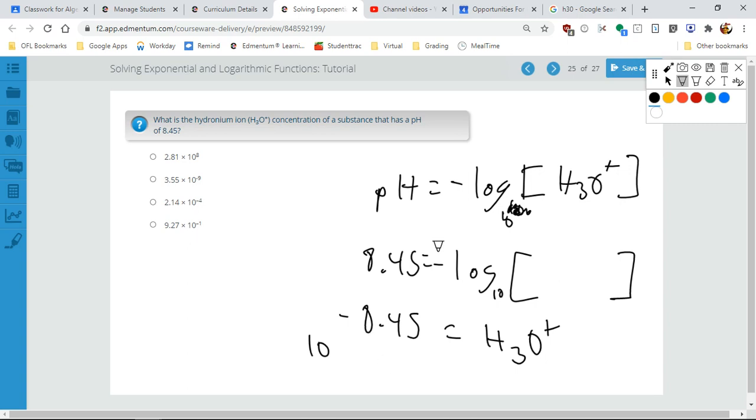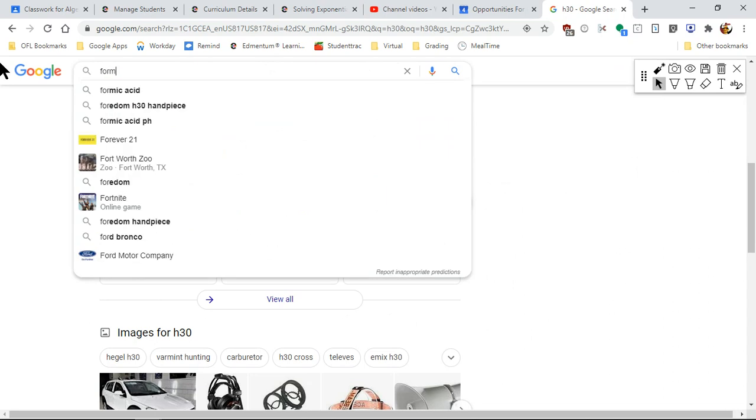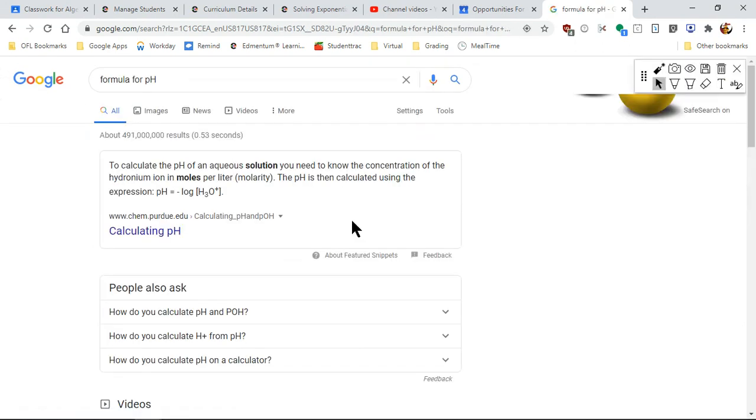Once we plug this in... No, that shouldn't be like that. I don't know where they got that fraction. Formula for pH. Yeah, I did that right.